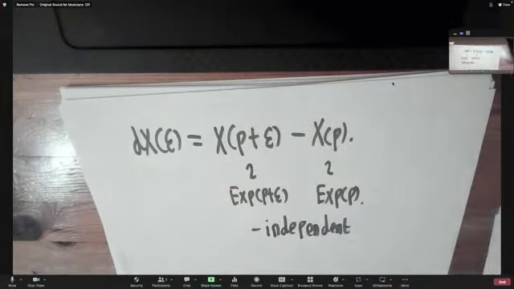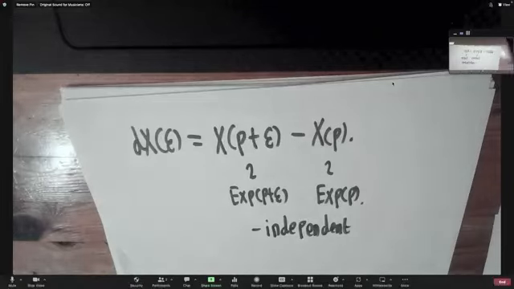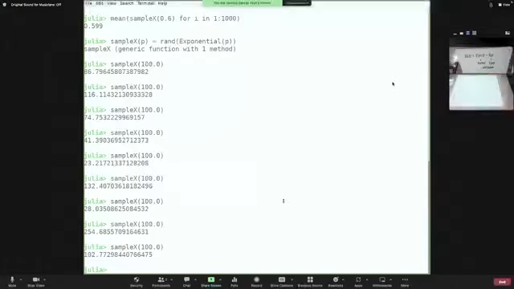Let's see how that works in code. My sample x is already set up as an exponential random variable. Now I'm going to sample dx, which takes as input epsilon, and I'm going to fix p at 100.